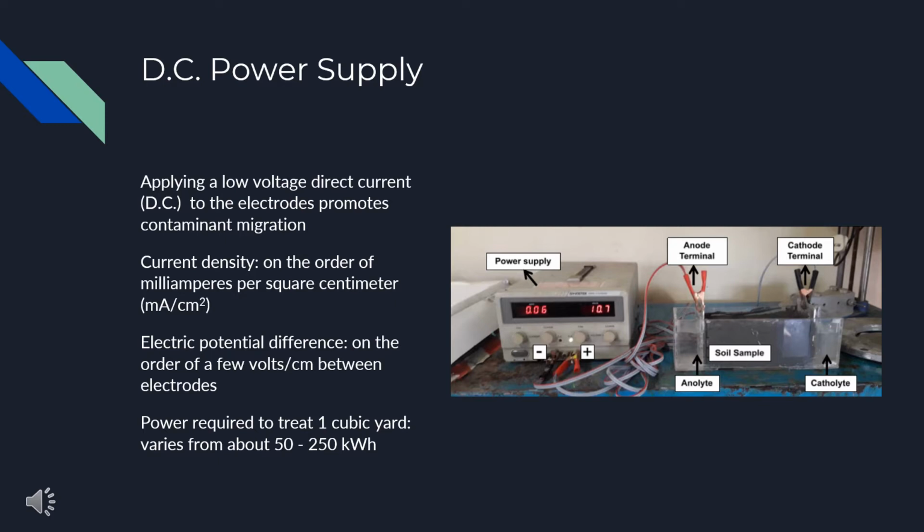Thus, the power necessary to generate this direct current field ranges from approximately 50 to 250 kilowatt hours per cubic yard. On the right, there is an example of a small-scale ex situ laboratory setup. Here, it is easy to see the DC power supply connected to the anode and cathode terminals.